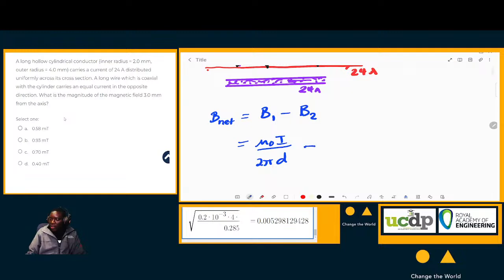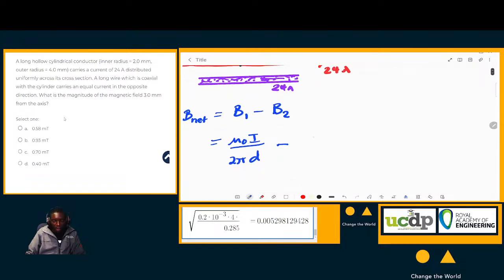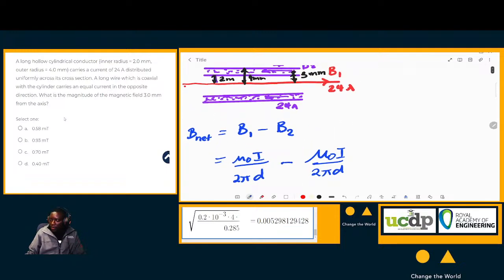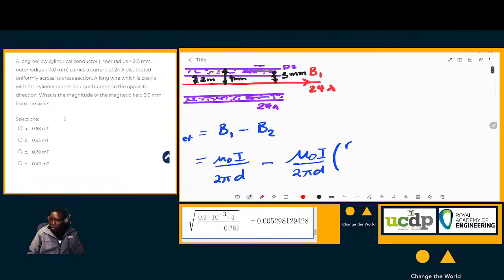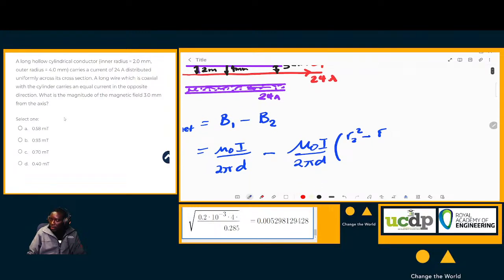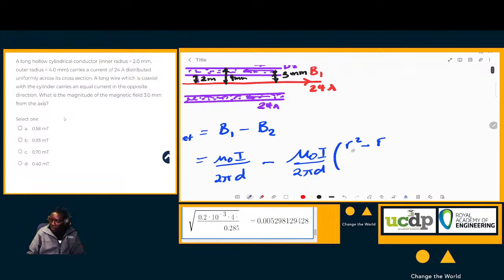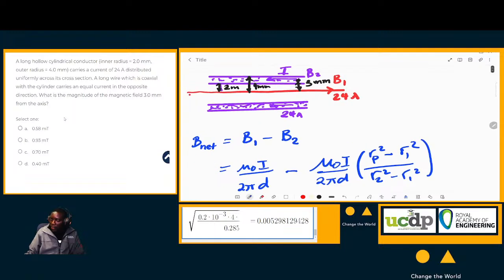Then the other field, due to the conductor, will be given by mu naught I over 2 pi d again, multiplied by (RP squared minus R1 squared) over (R2 squared minus R1 squared), where RP is for the point of measurement. This is like a minus b.